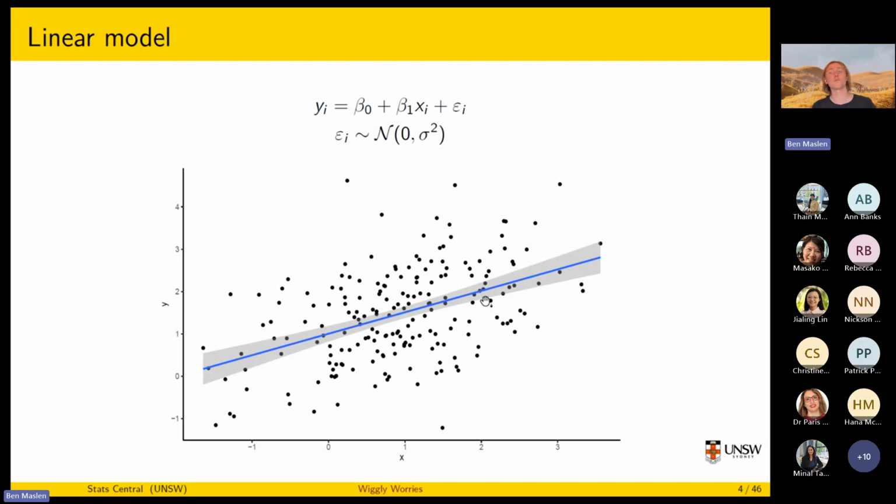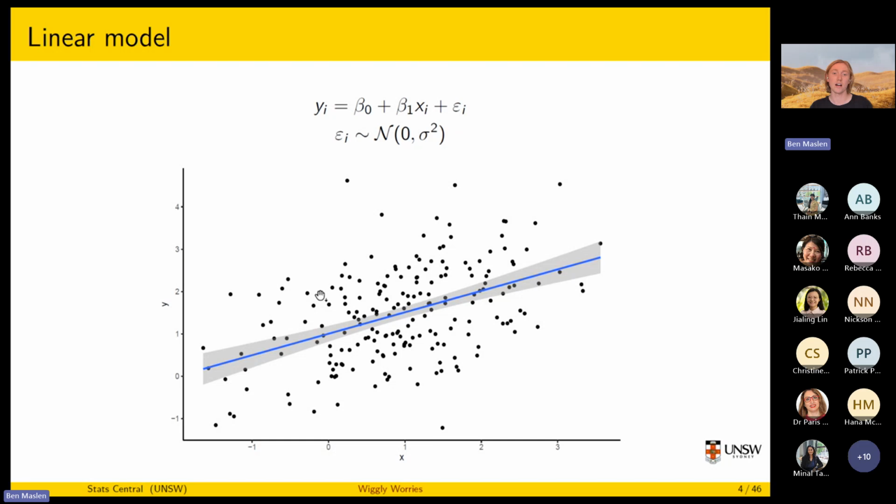Now, because data is always noisy, it's not going to be a perfect linear relationship here. So this captures that noise, and we assume that noise to be Gaussian or normally distributed with mean 0 and constant variance. So we're assuming it's evenly spread above and below this line.